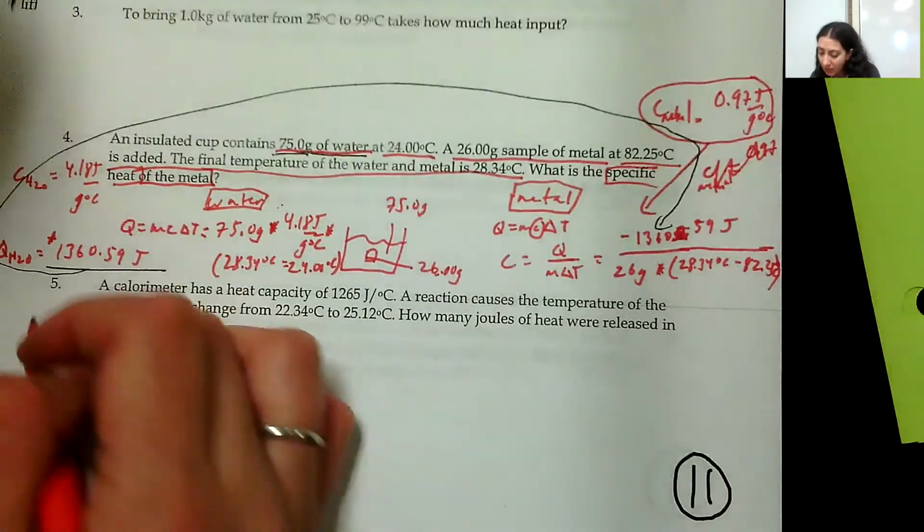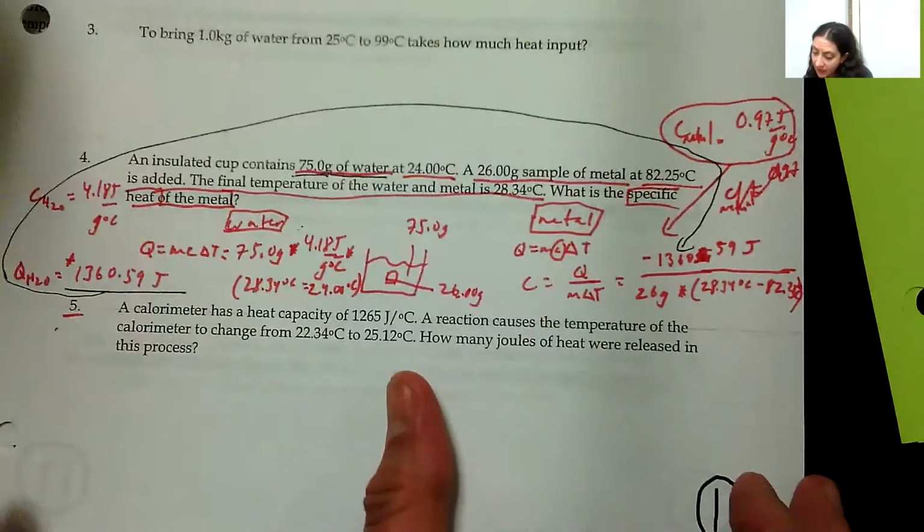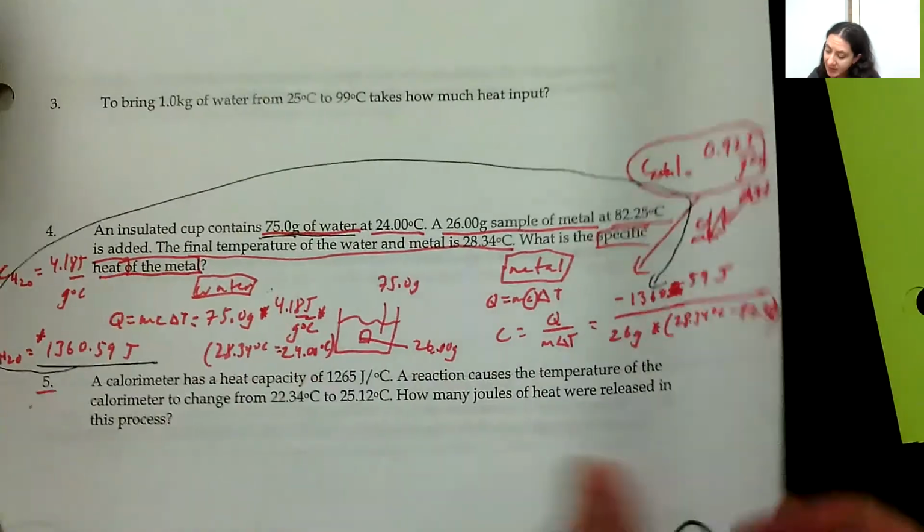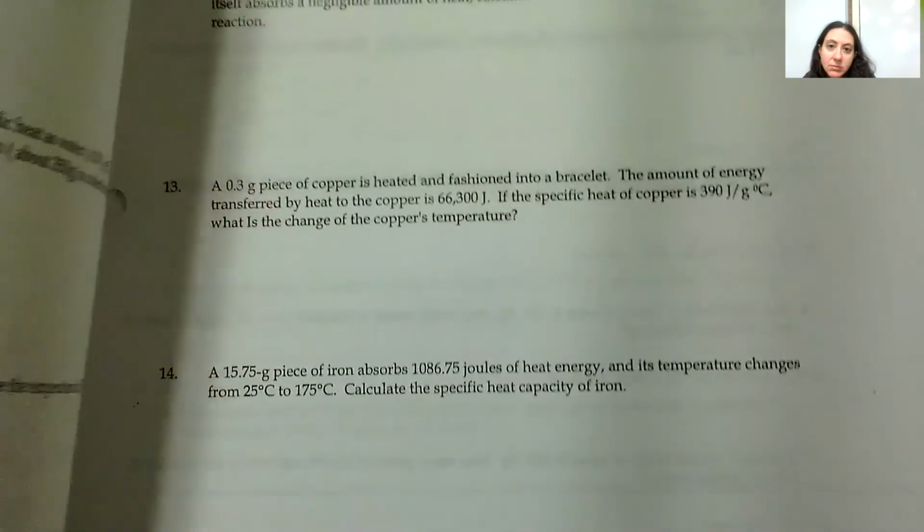If you see problem number 5, that's going to be very, very similar. Let me see if we've got any others. Yeah, that one's pretty good. The next page, page 12, and 12 and 13 are a lot of that kind of problem.